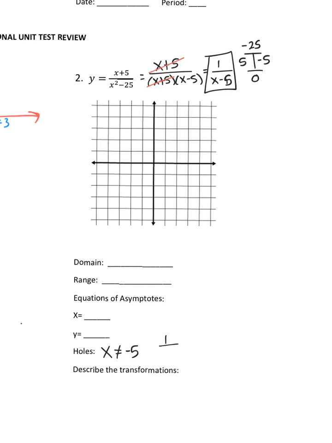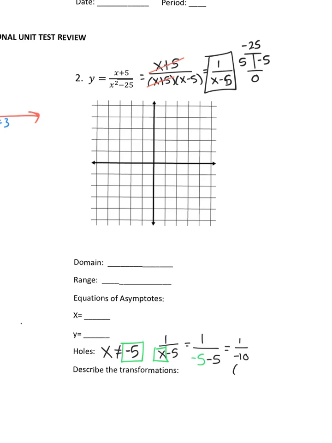So your simplified function was 1 over x minus 5. Instead of putting an x, I'm going to substitute it with a negative 5. So I'm substituting this negative 5 in that x. So I've got 1 over negative 5 minus 5. So I've got 1 over negative 10.